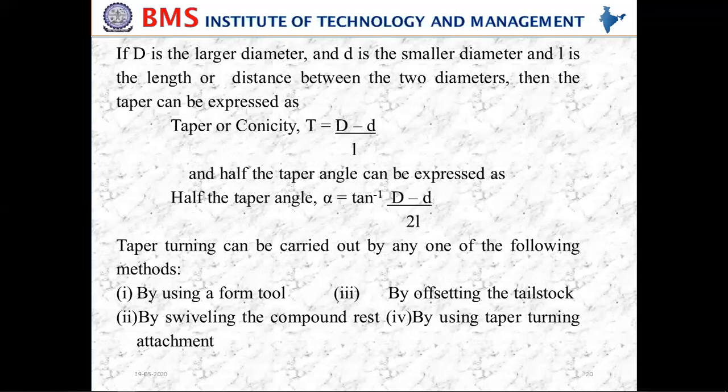Here D is the larger diameter of the taper, d is the smaller diameter of the taper, and l is the length of the taper you are going to obtain. The compound rest is rotated to the calculated angle, so that the tool is fed at a particular angle, thereby producing the corresponding taper on the workpiece.